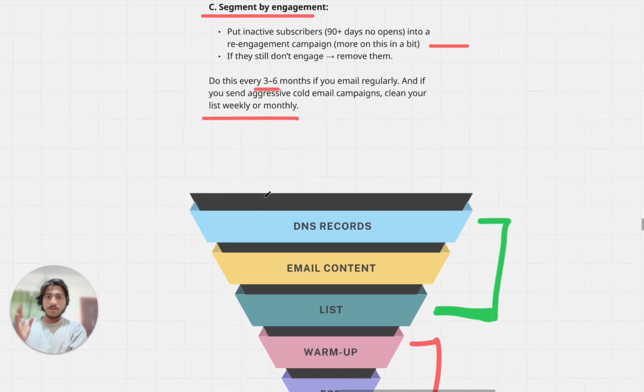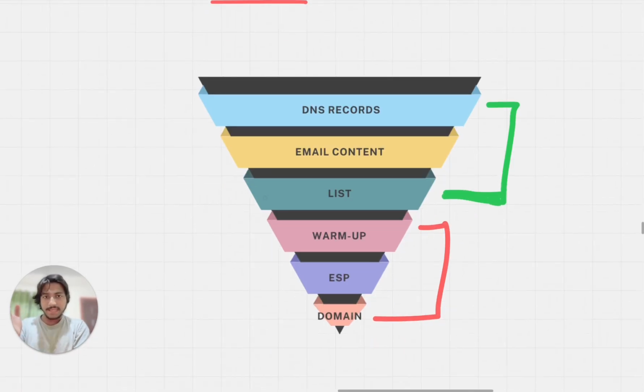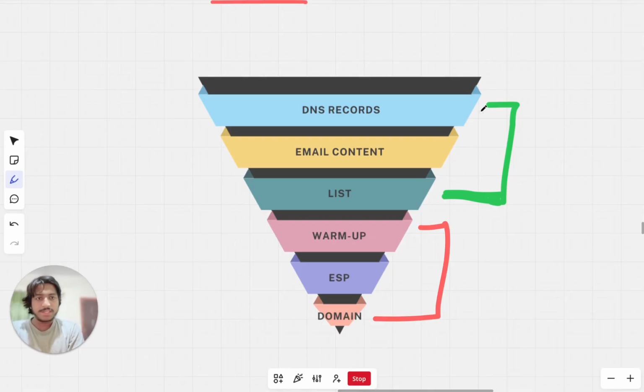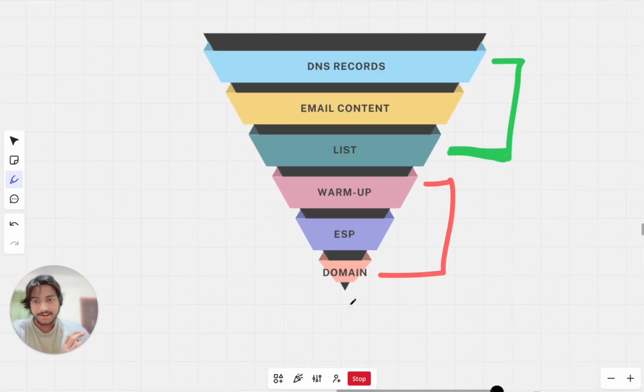Now, a lot of time has been spent, and we've covered the first three important ones, not the most important ones. Now we have the other three left, which start in the harder category. They're not going to be as easy to fix as the first three. Because honestly, for the first three, adding DNS records takes like 10 minutes.